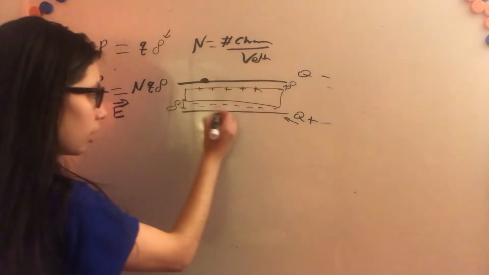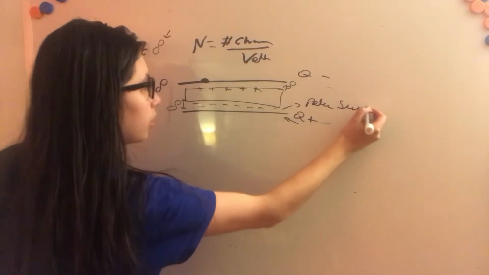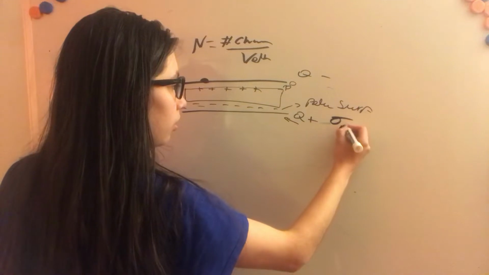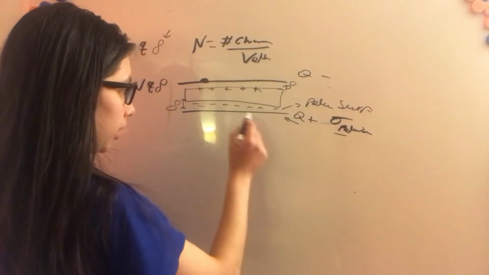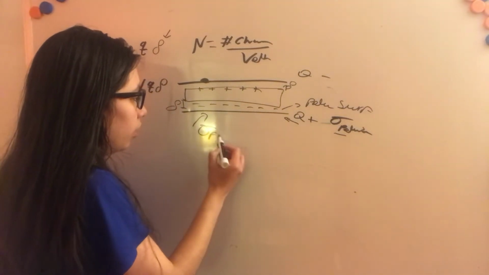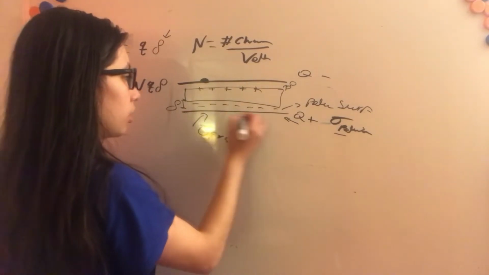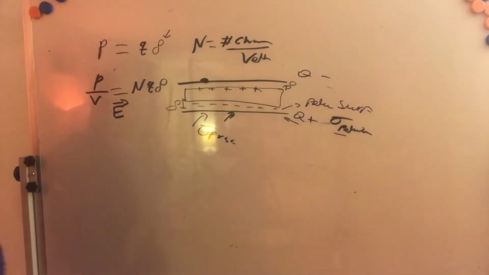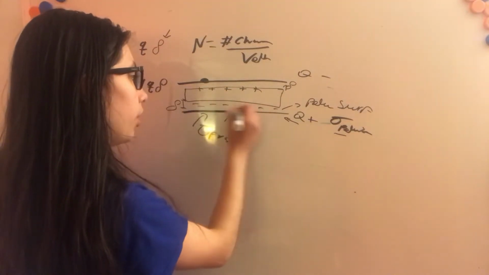So this surface is called the polarized surface, and has a surface charge density sigma polarized, and this is negative, or has the opposite sign as the sigma free. Sigma free is the surface charge density of this parallel plate. So this is the polarized surface.